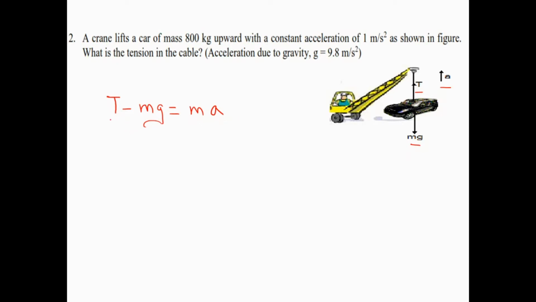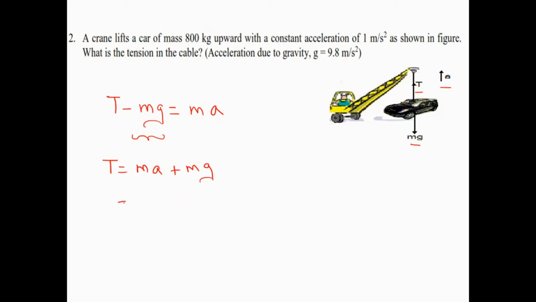Now we are going to find the value of the tension. I'm going to move the mass multiplied by gravity to the right hand side. The equation becomes tension equals mass multiplied by acceleration plus mass multiplied by acceleration due to gravity.